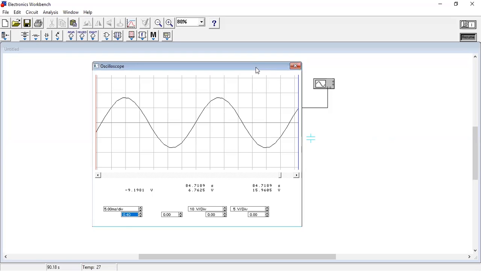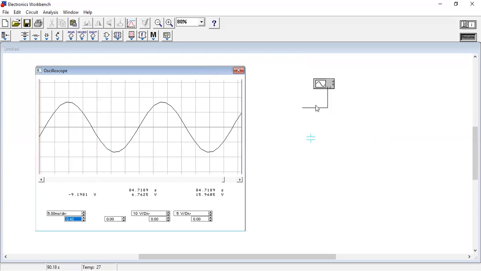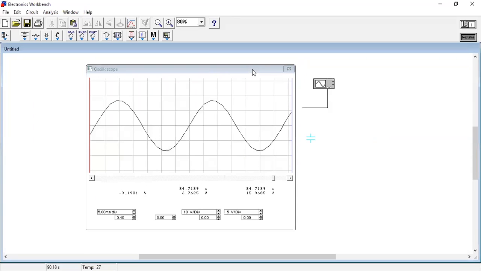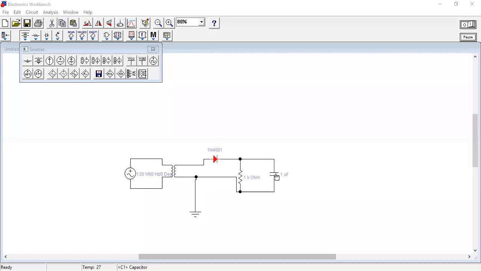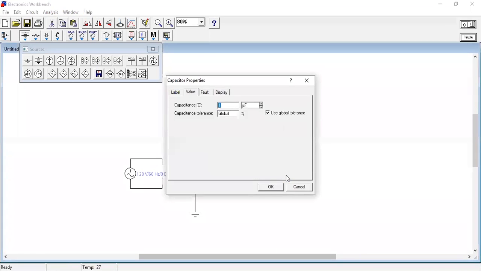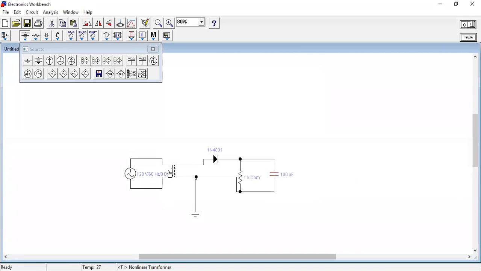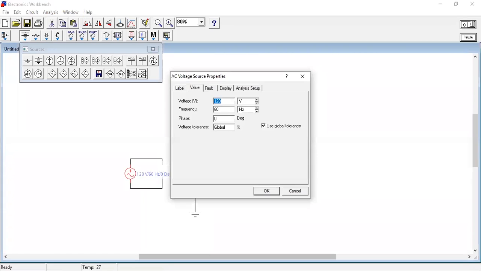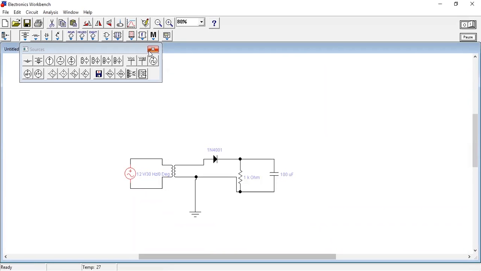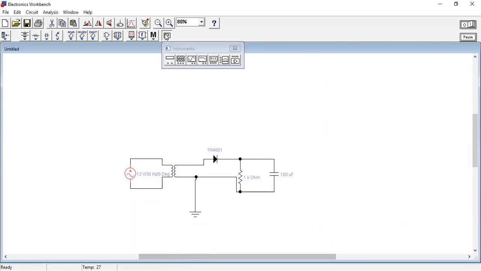Okay, this one input waveform we already found, and we have to find the output waveforms with capacitors. So the output waveforms should be on now, and we have to connect across the resistance.